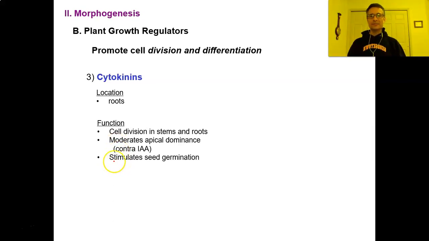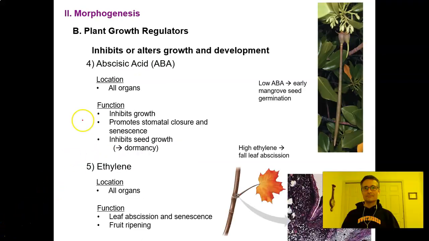And finally, they stimulate seed germination, in contrast to what auxins do, which is to stimulate the growth of cells in the fruit. Another group of plant hormones actually inhibits growth and development. These are usually working opposite the role of auxins and cytokinins.